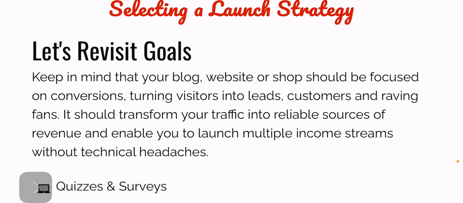And the thing that you want to do is you want to make this as painless as possible. So that means you don't want to have to go through a whole lot of extra stuff to transition to another stream of income. You just want to be able to add more streams of income as you get better and better at marketing your business.